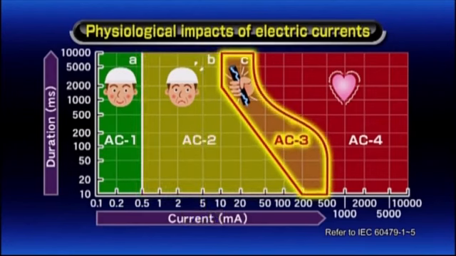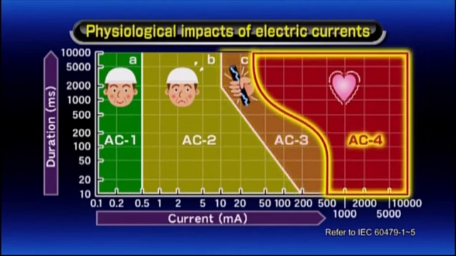At level AC3, your muscles contract, preventing you from disengaging from the current without assistance. Prolonged exposure to the current takes you to level AC4, where life-threatening ventricular fibrillation occurs.